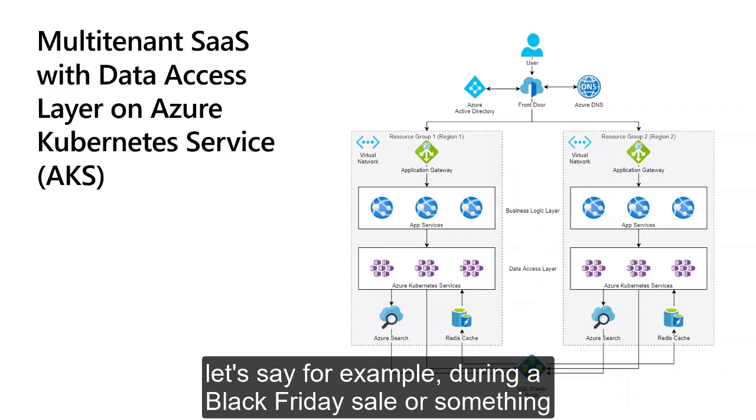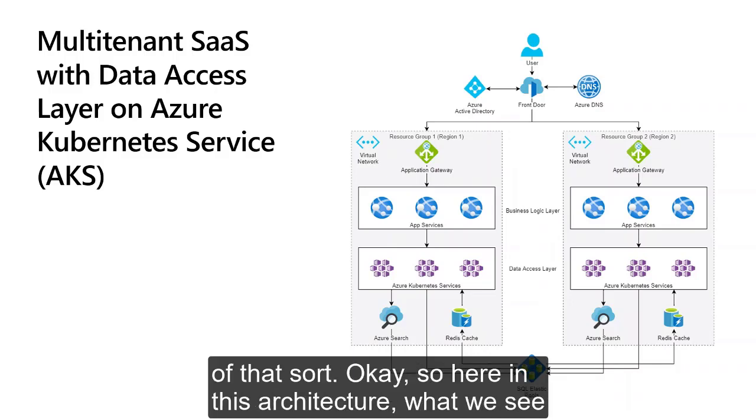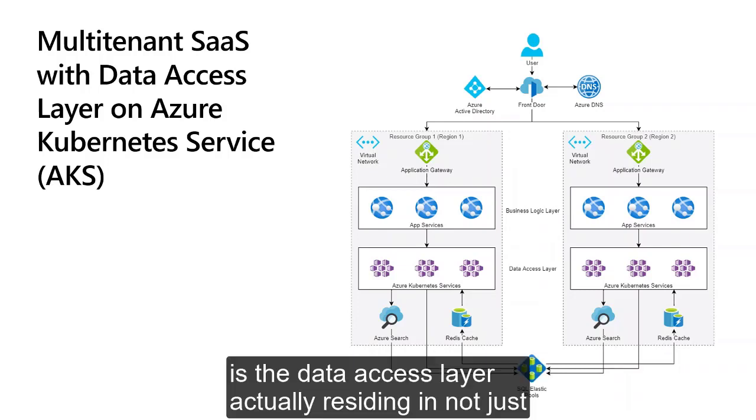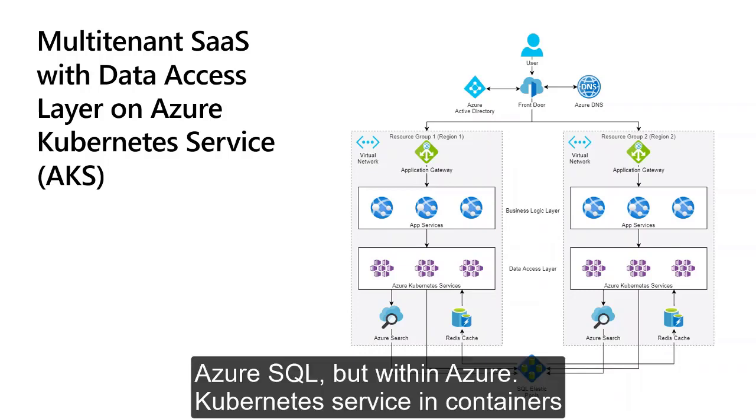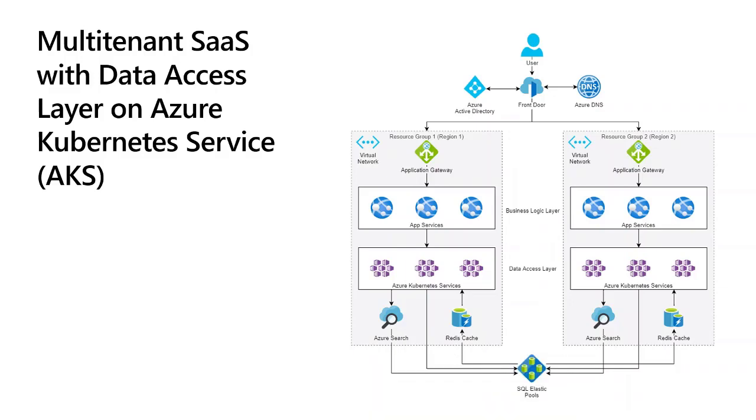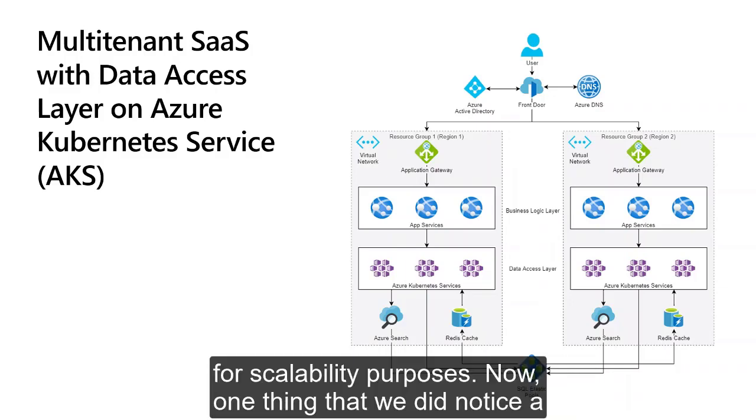Let's say, for example, during a Black Friday sale or something of that sort. So here in this architecture, what we see is the data access layer actually residing in not just Azure SQL, but within Azure Kubernetes Service in containers for scalability purposes.